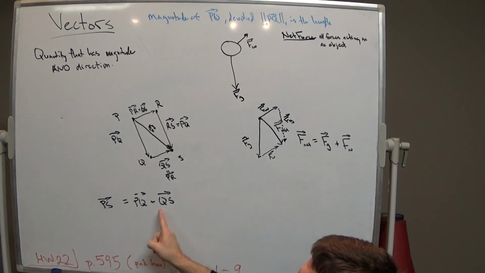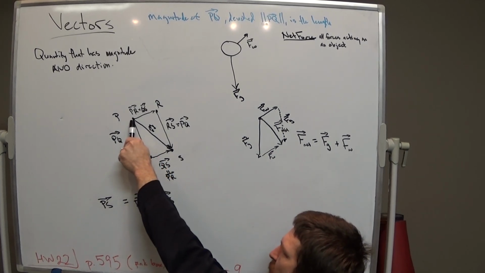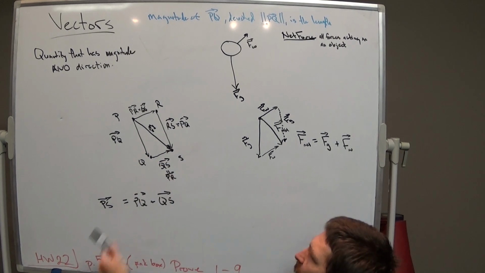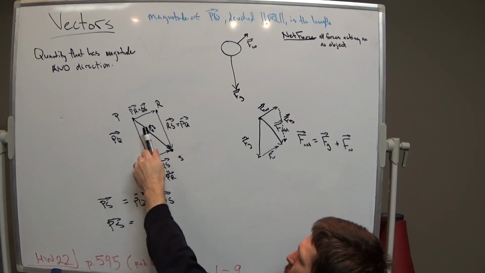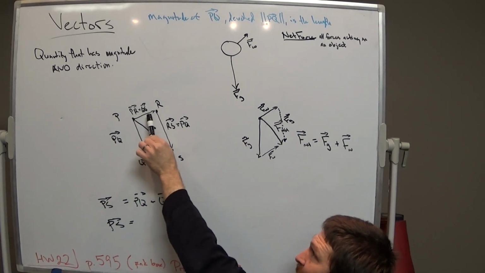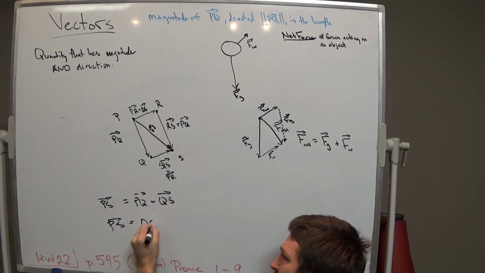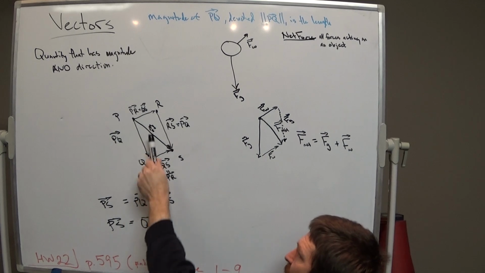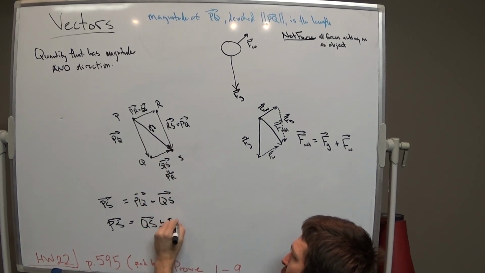So in other words, PQ plus QS is equal to PS. But I could have gone this way first and then this way, and I would have ended up at the same place. So in other words, PS is equal to QS, notice, this is the same vector QS, plus, then we could call it RS, but it's the same thing as PQ, so there's PQ.